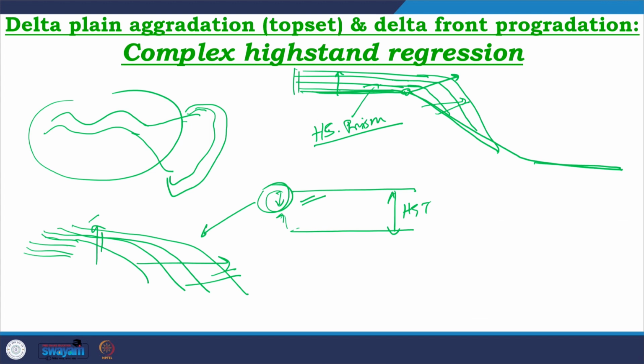That means within the major HST we can get smaller pulses of falling and rising and falling and rising of the base level, resulting in small scale or higher frequency transgressive regressive cycles. And that results in fluctuation in the rate of sedimentation, and that fluctuation will control the thickness of the clinoforms formed during this aggradation and progradation process.